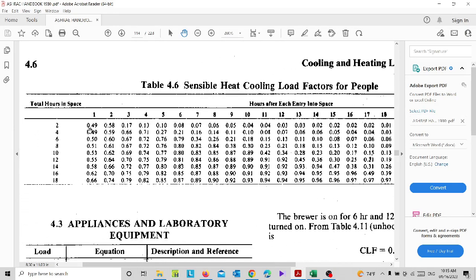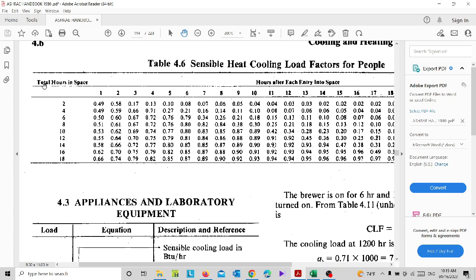Let's consider the example of one shift working from morning 9 to 5, and the other shift entering at evening 7. So there is a 2 hour gap. Total hours will be 9 to 5, so it's 8 hours, and the other group is entering after 2 hours, so we consider 2. So 0.61.